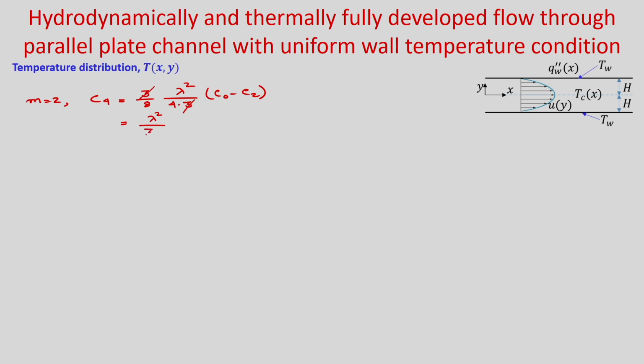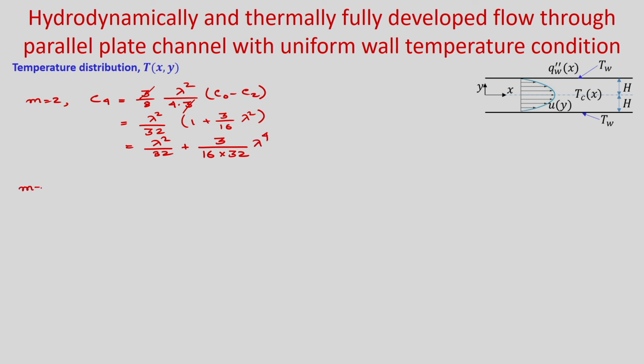So, it is lambda square by 32, and C 2 is minus 3 by 16 lambda square, so it will be plus 3 by 16 lambda square. So, you can write lambda square by 32 plus 3 by 16 into 32 into lambda to the power 4.